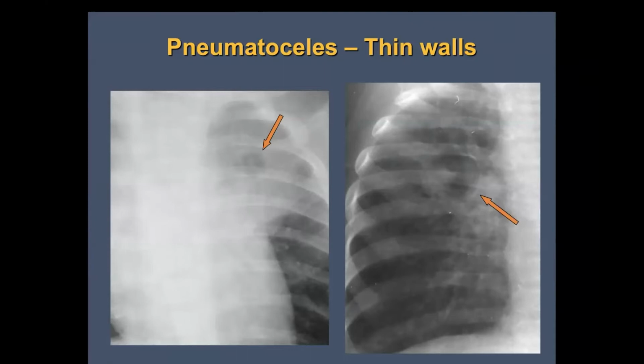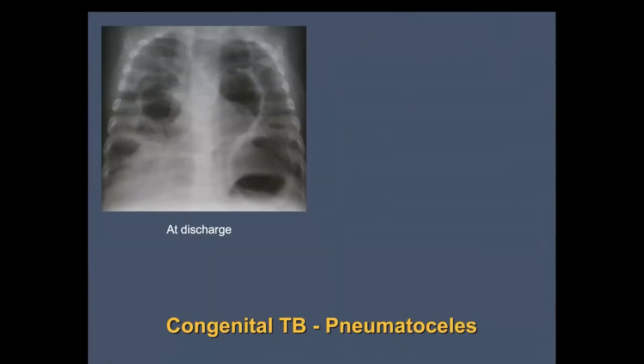But notice that the wall is very thin with this pneumatocele, which is much more characteristic of a pneumatocele than a cavity. This was a child with congenital TB who at discharge had these really terrible looking lungs with all of these very large cystic airspace diseases that look like they could be cavities. I really didn't have much hope that this lung would ever look better than this.